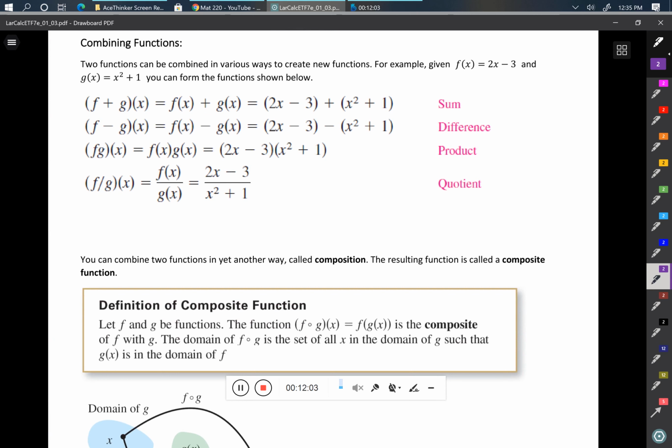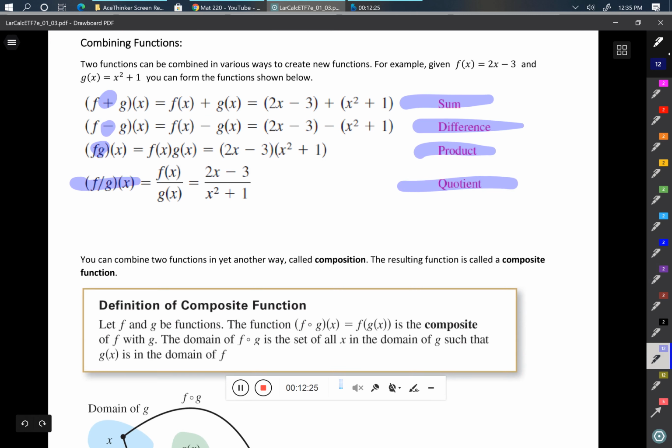All right, combining functions. Two functions can be combined in various ways to create new functions. We can find the sum of two functions. We can find the difference of two functions, sum and difference, simply just adding and subtracting two functions. We can find the product of two functions by taking two functions and multiplying them together, and we can create a quotient of two functions by just dividing one function by the other function.